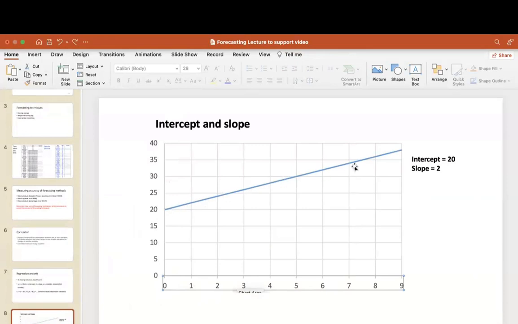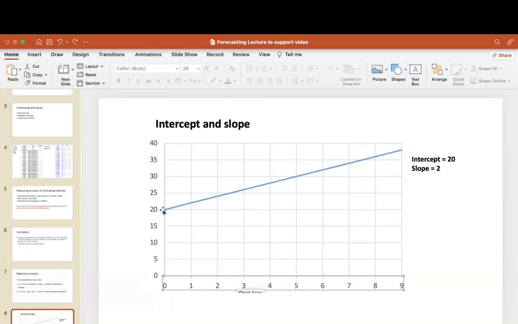And the next thing is slope. This is slope. How steep it is. Is it very steep, or is it a flat one? So that's called a slope. In other words, we see when we move on x-axis from one point to another one, how much change happens in y. So when you move from 0 to 1, how much change is happening? At 0, it's 20, and at 1, it is 22.